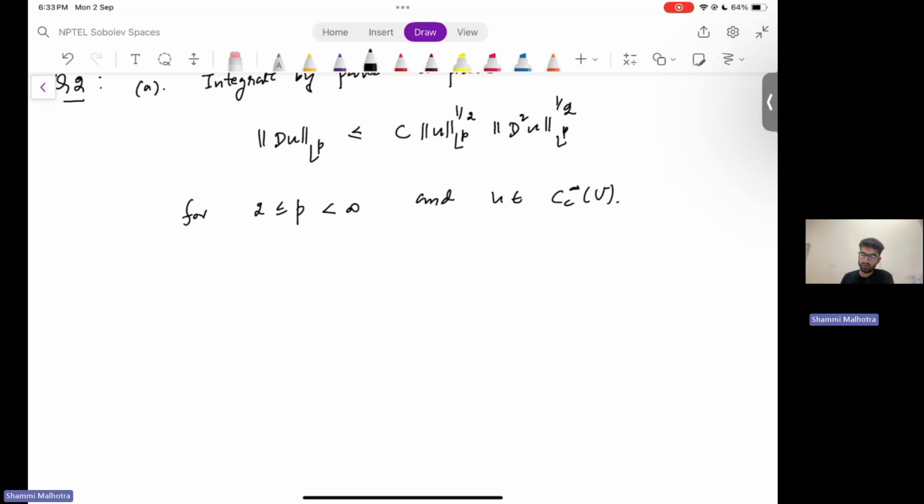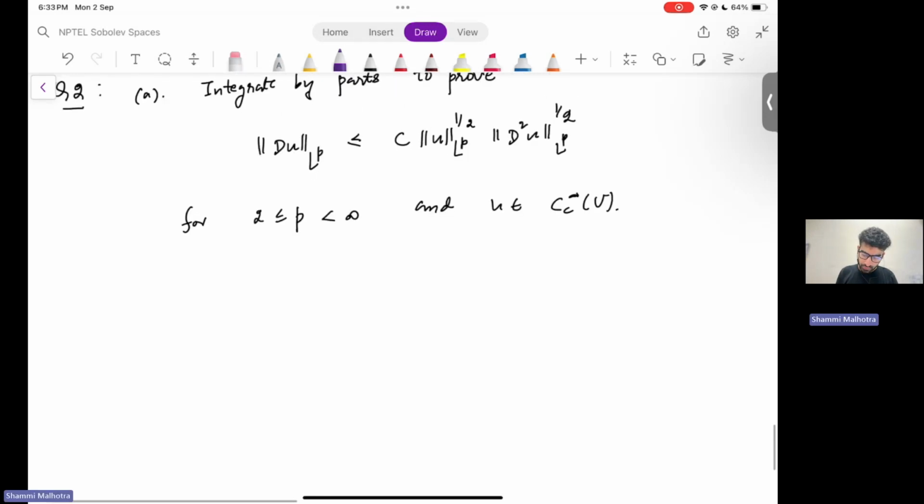So let's try to prove this inequality. Solution.